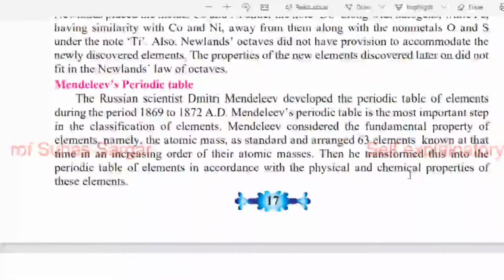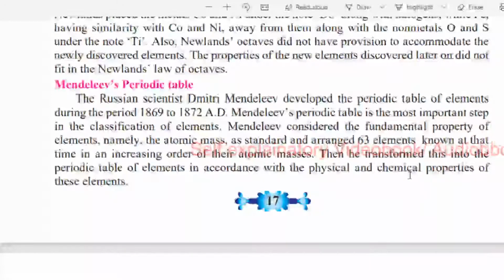Mendeleev's periodic table. The Russian scientist Dmitri Mendeleev developed the periodic table of elements during the period of 1869 to 1872 AD. Mendeleev's periodic table is the most important step in the classification of elements.